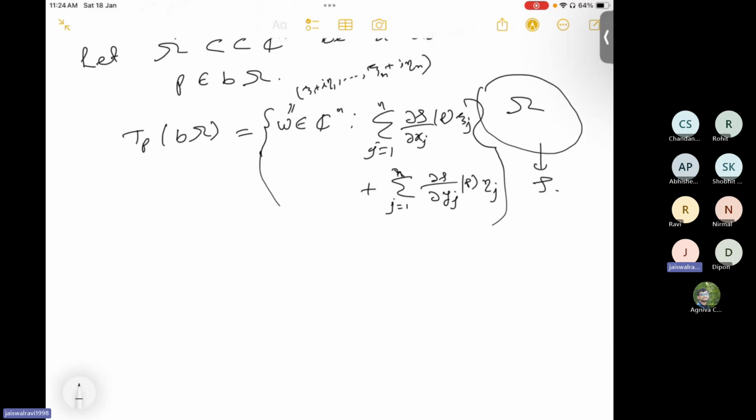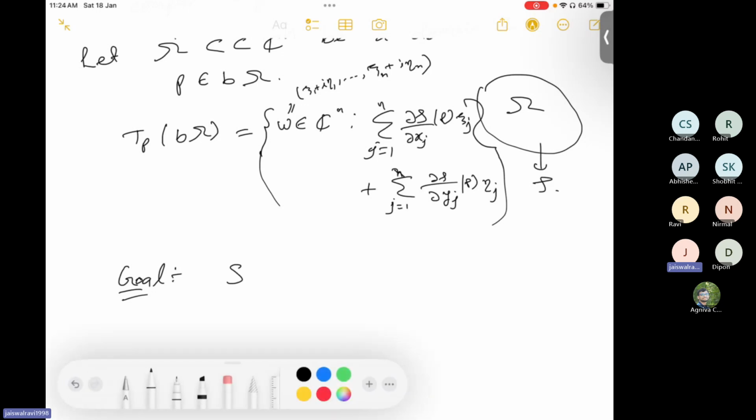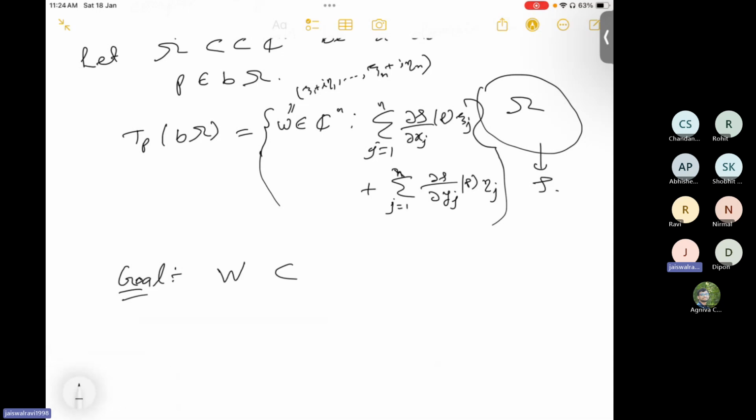So what is the goal? The goal is to find a subset, let's say W, of T_p boundary omega, and this W should also be a complex linear subspace, or complex vector space, because we want to see the complex tangential direction.